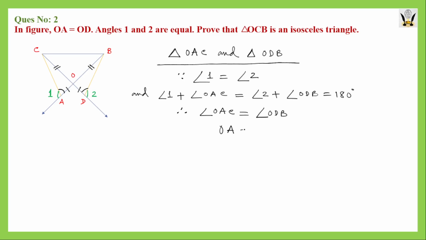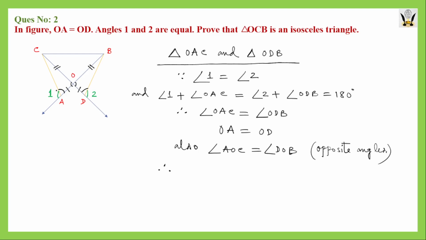So these sides are equal, corresponding sides of those two triangles, and also angle AOC and angle DOB are equal because they are opposite angles. So from these two triangles, two corresponding angles are the same, two corresponding sides are the same, and also the other two corresponding angles are the same.